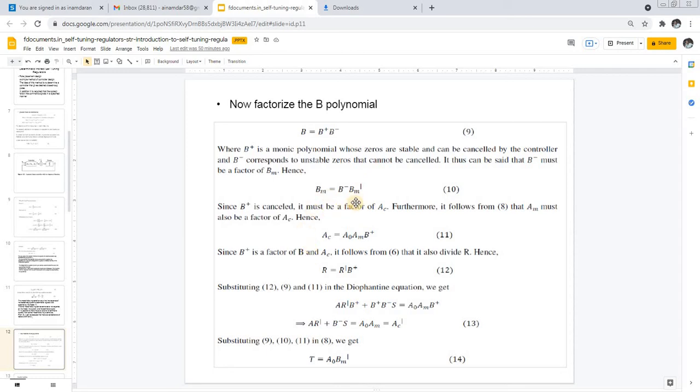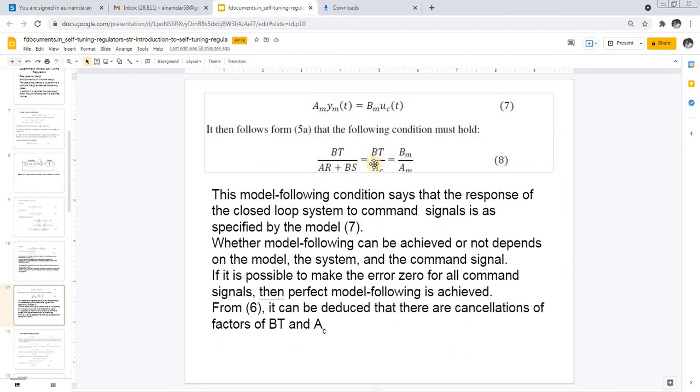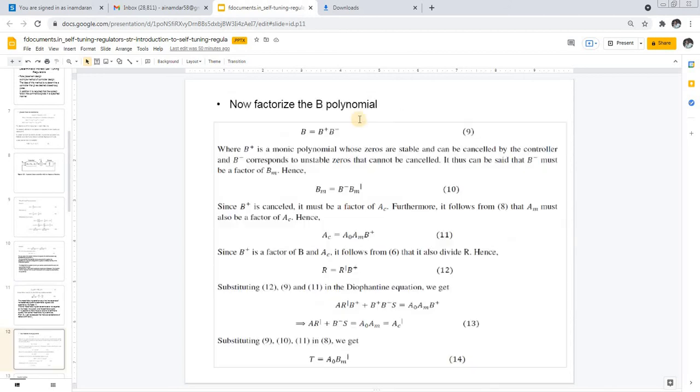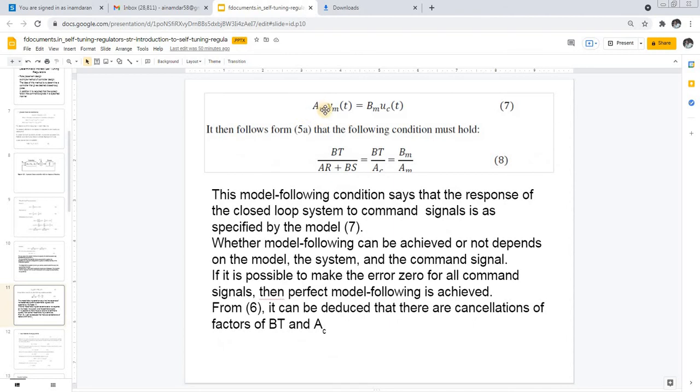So now because of this introduction of bm dash, b minus, b plus has been cancelled, and it must be a factor of ac, that is the Diophantine equation. Furthermore, it follows from this equation that am must also be a factor of ac. bm was a factor of ac, also am should be a factor of ac.